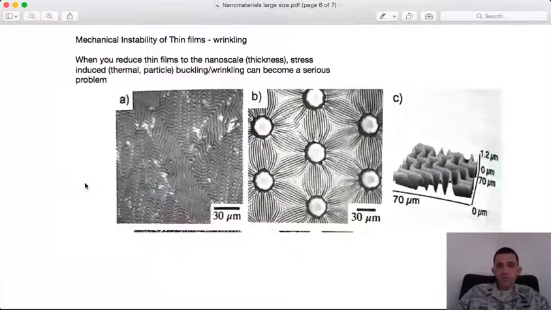When I was doing my master's work with the AFM, the guy that I was working with did a lot of research on seeing if there was a way of tuning the AFM to create this buckling in a reproducible, controllable way to essentially make a nanostructured material using the buckling.